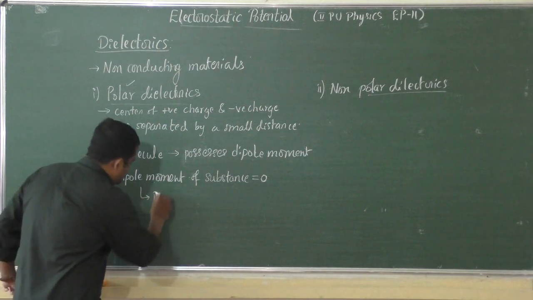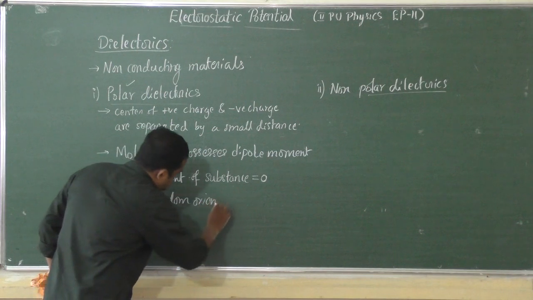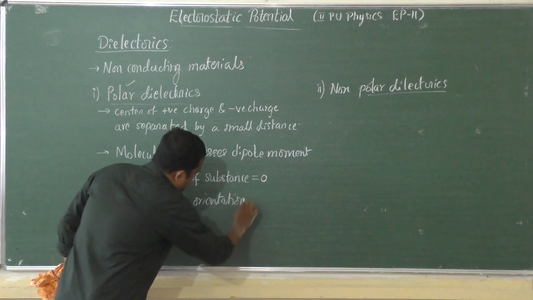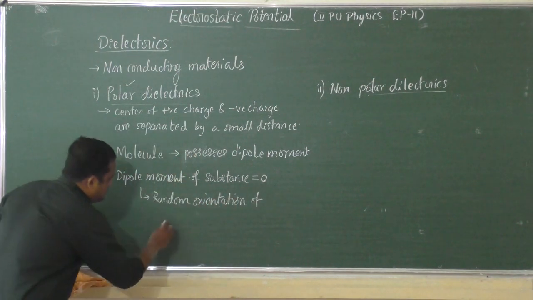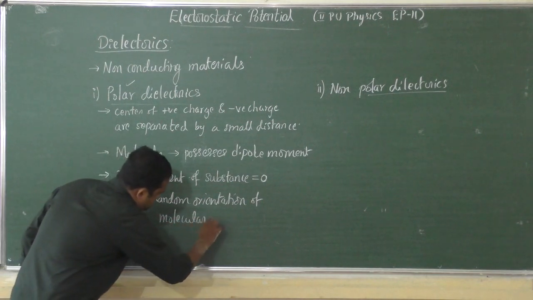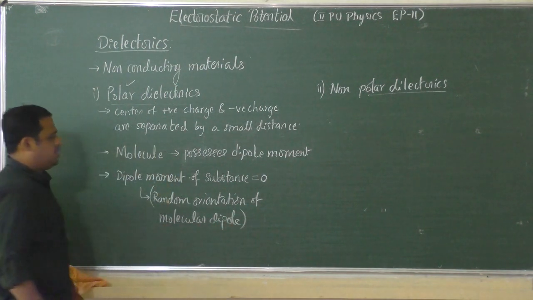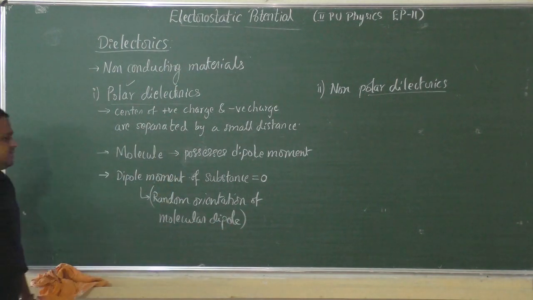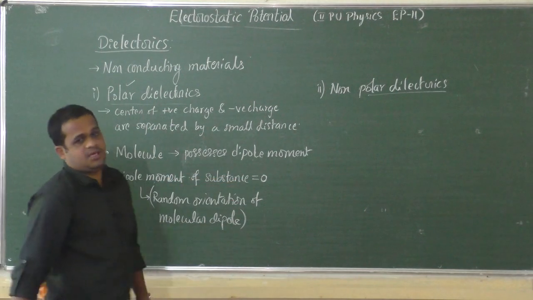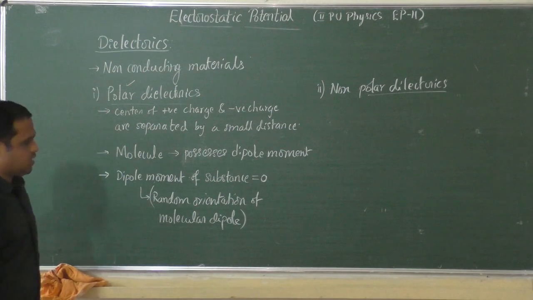The reason for this is random orientation of molecular dipoles. Due to random orientation of molecular dipoles, if you calculate the net dipole moment of the substance, it will be 0. Okay. So this is the case of polar dielectrics.